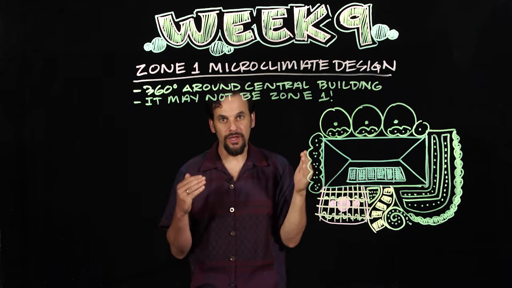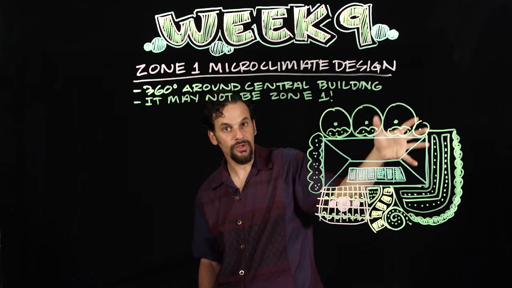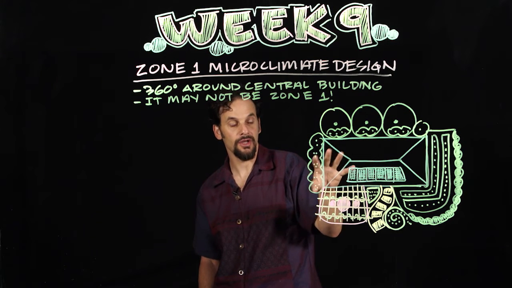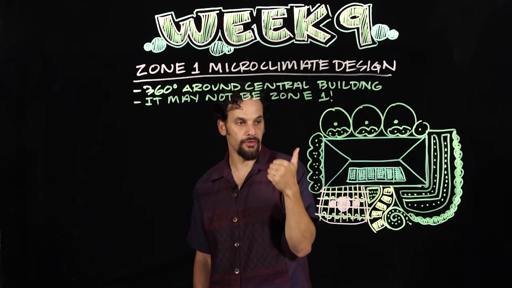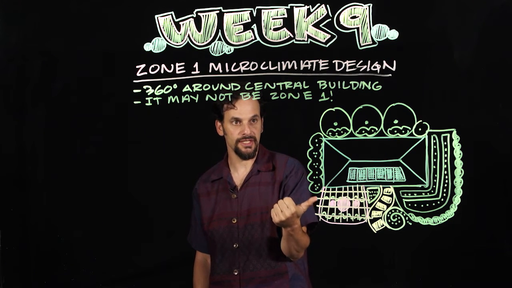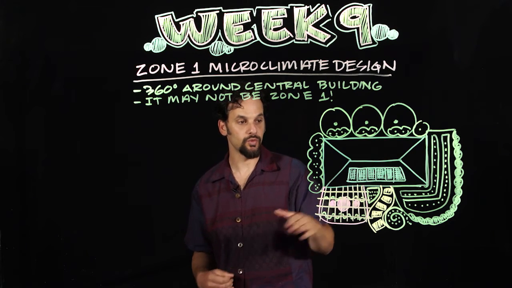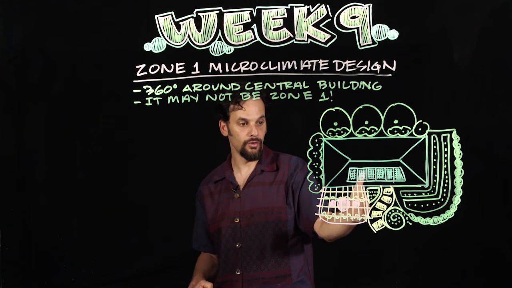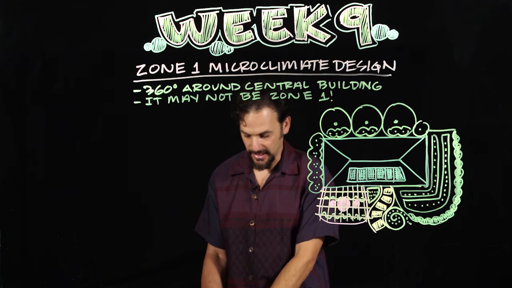So we really want you to think about the structure itself, and the design around it should really work with the structure to better the conditions of the structure, both energy efficiency, climatic comfort, as well as working with your own access and movement and circulation around the structure itself.